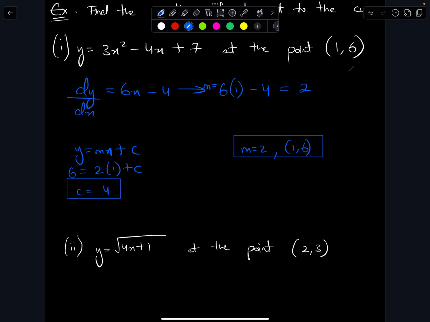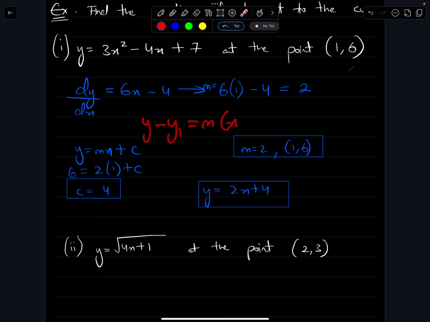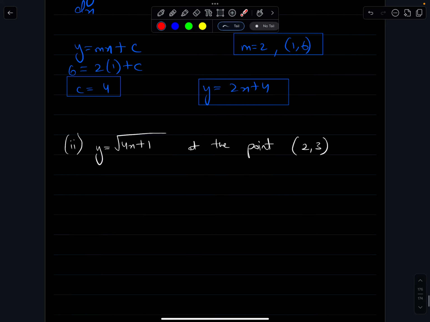And thus our equation is formed. You can also form the equation using this formula if you know this. In advanced and in area, this formula will be applied.